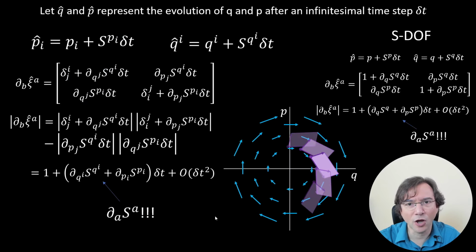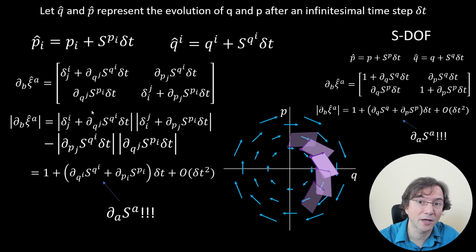Another thing that we saw in the one degree of freedom case was that there was a link between the divergencelessness of the field and the fact that the Jacobian was unitary. So we do the same calculation here. This represents the momentum and the position after a single time step, which is the same value as before plus the variation given by the displacement field. This then is the Jacobian matrix that represents the change for vectors, and we can take its determinant.